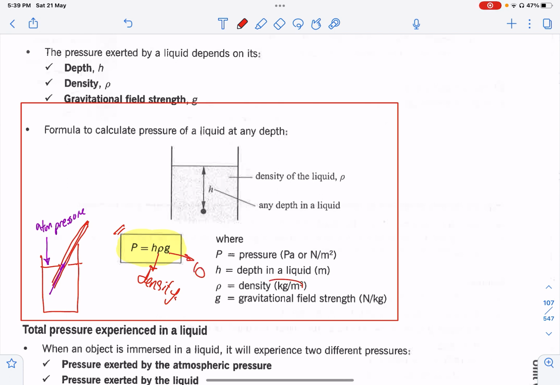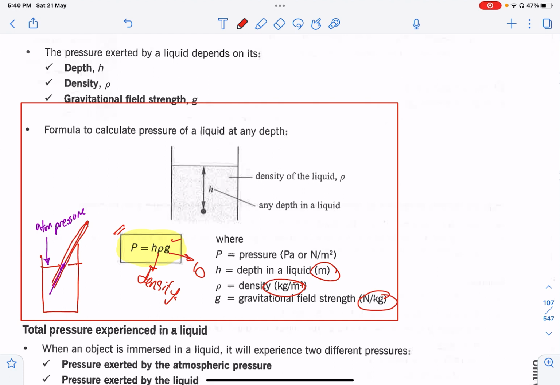To take note, the SI units are different. Depth will be in meters, density in kg per meter cube, and gravitational field strength is Newton per kg, which is 10. In calculations, we can always assume g to be 10 unless the question states otherwise.